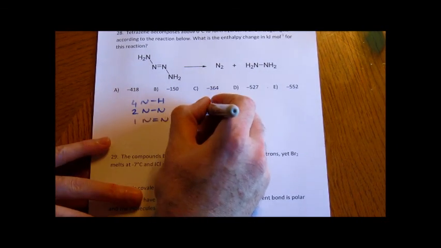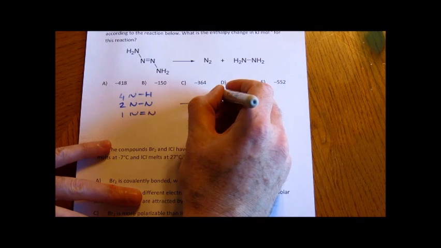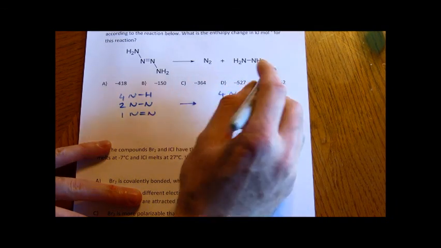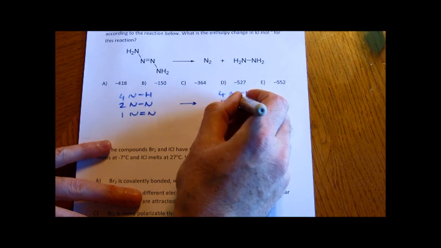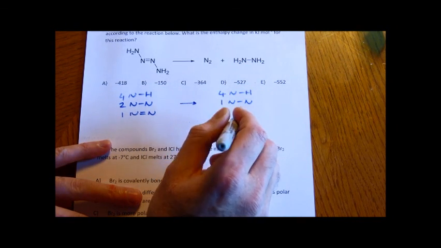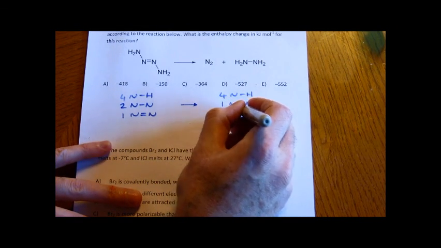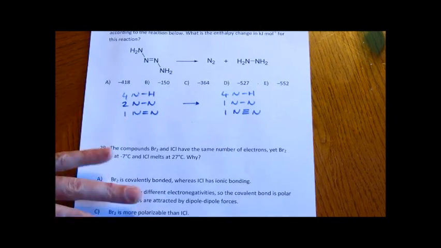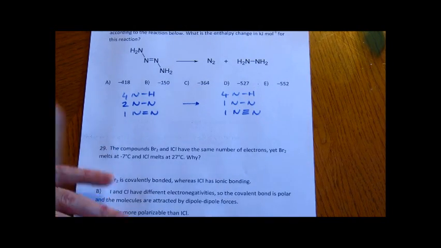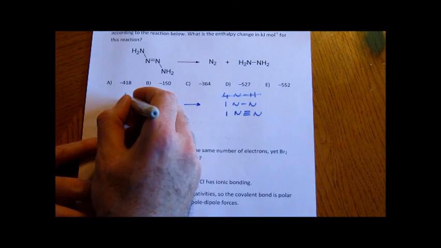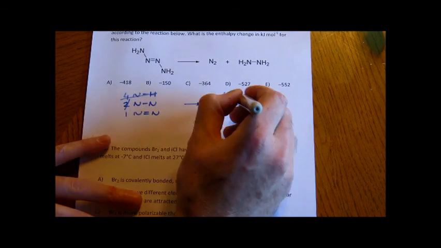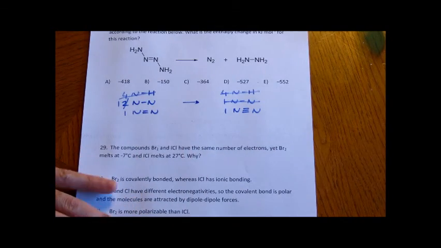And that goes to a structure where you also have 4 NH bonds over here. You have 1 NN bond, and you have 1 N triple bond. And so you can do some cancelling here. So you can just cancel those out and those out. You cancel out one of the bonds on that side and one of the bonds on that side.